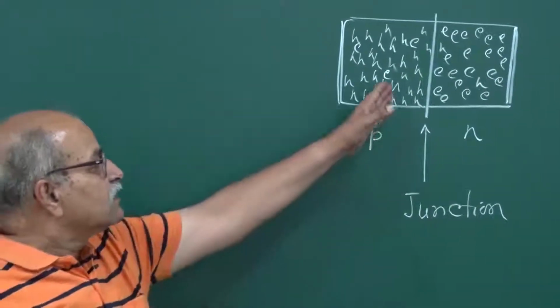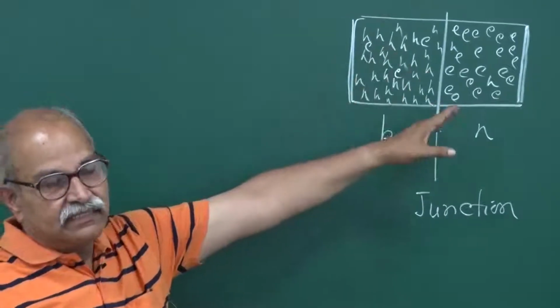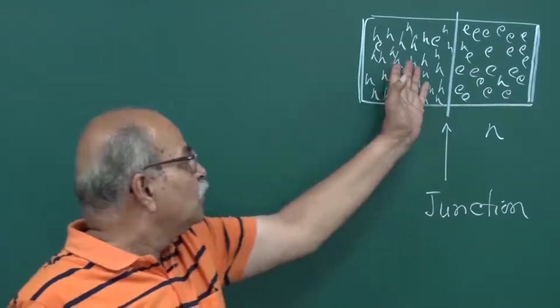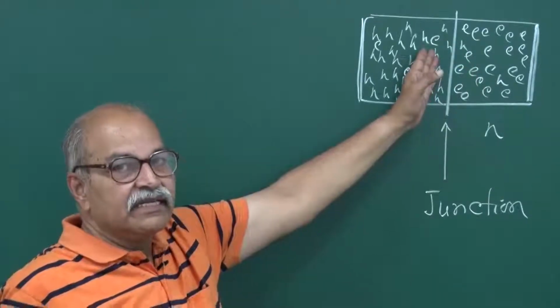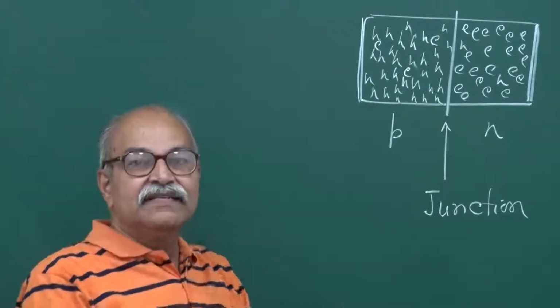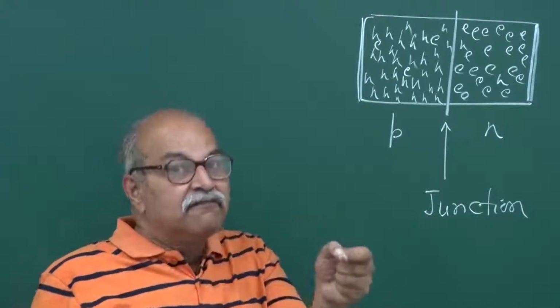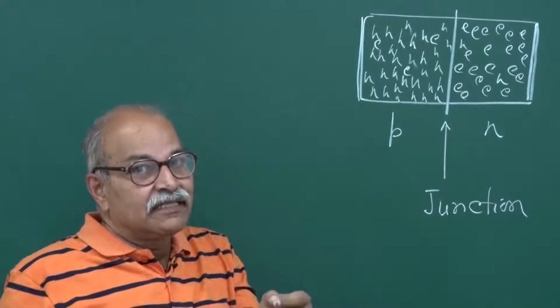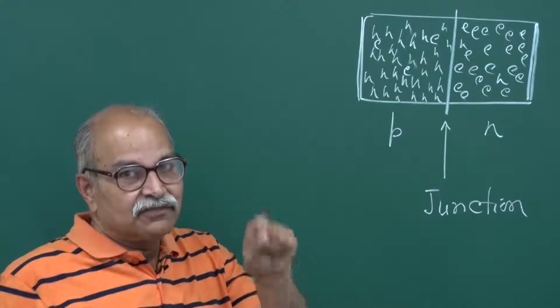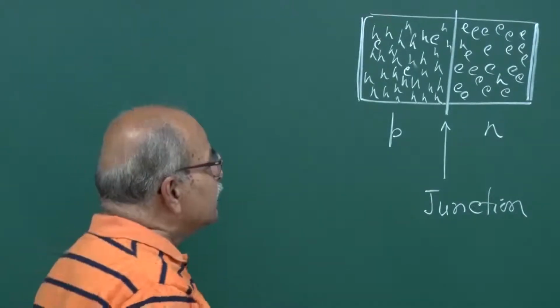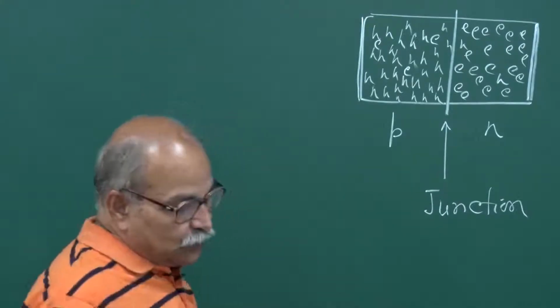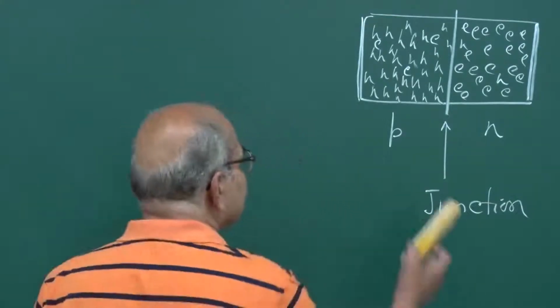Then we said that because of this concentration gradient, these holes will diffuse to this side, electrons will diffuse to this side, and they will nullify each other. This electron will fill the hole, and then the hole will disappear, the electron will disappear, it will be a bond only. In that situation, you get this depletion region.